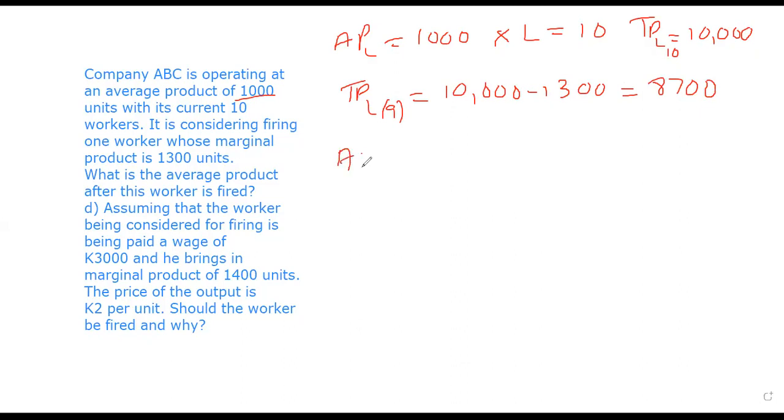So what will be the new average product if we fire this person? We divide 8,700 by 9. Why are we dividing by 9? Because we remain with 9 laborers. Correct. So what becomes our new average product? 966.67.